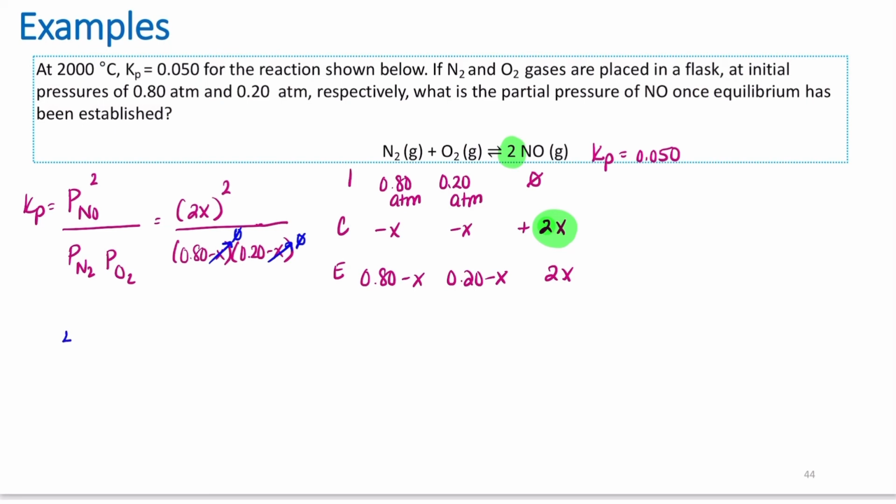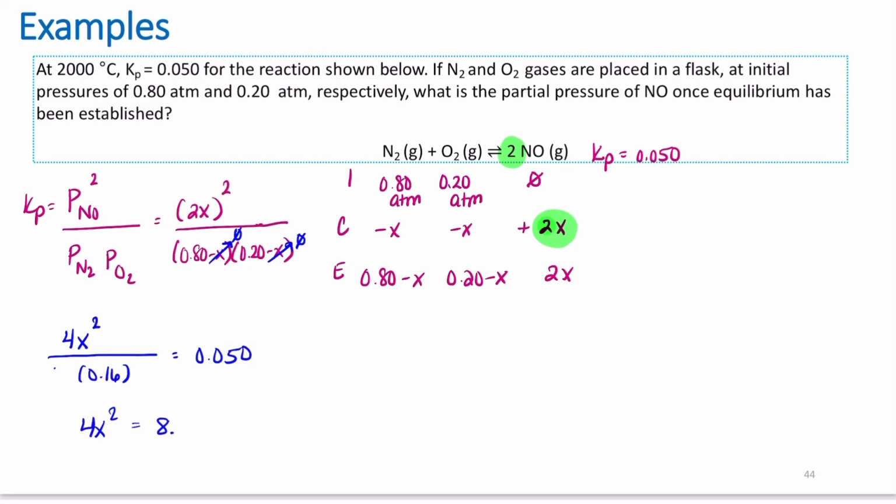If I ignore them, I have 4x squared divided by 0.80 times 0.20, and this equals 0.050. 0.80 times 0.20, do that math out, and you get 0.16.